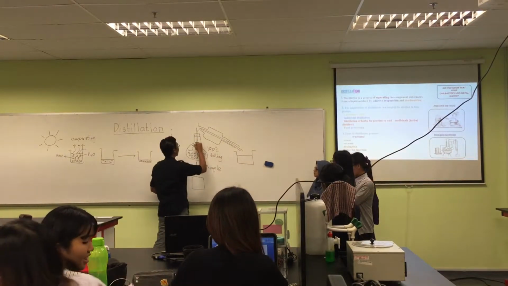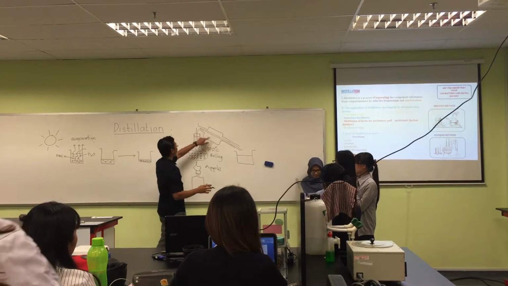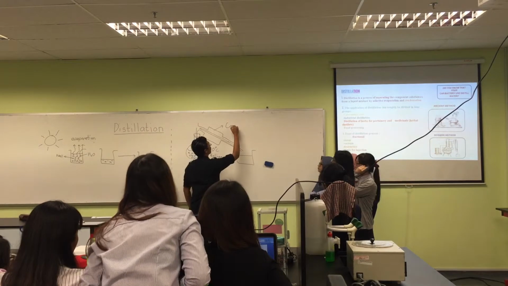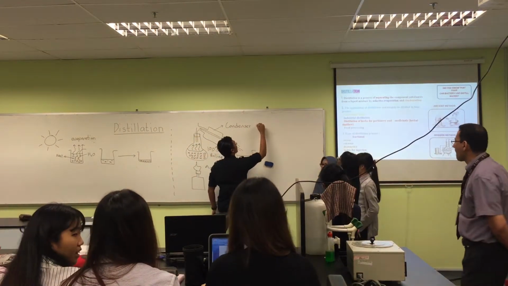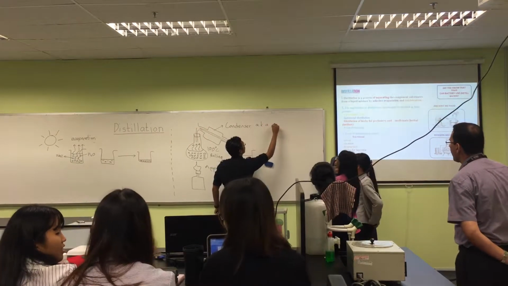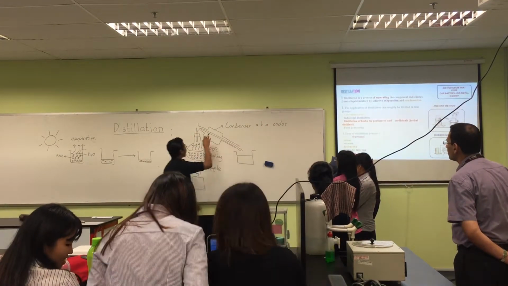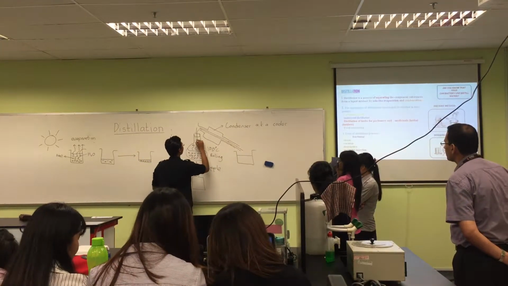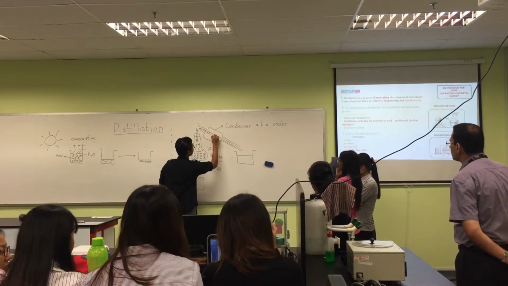Then the water will evaporate, but it doesn't go anywhere except inside the condenser. What happens at the cooler is, when the water vapor passes through this cooler, it will make its way inside the water cooler.